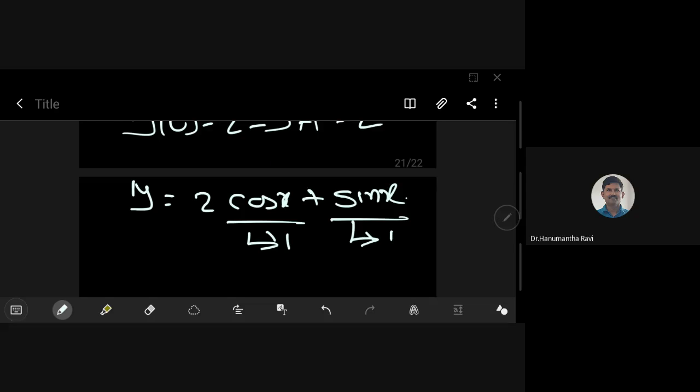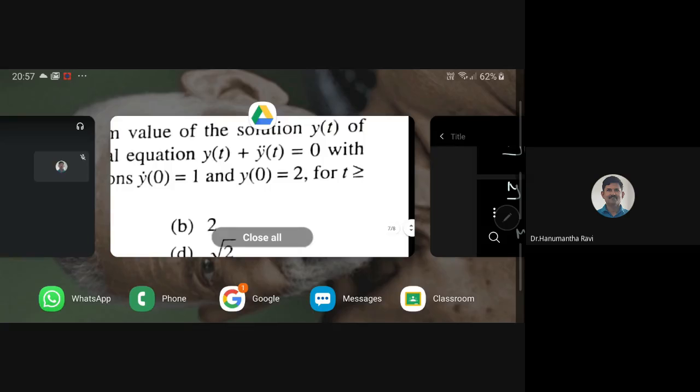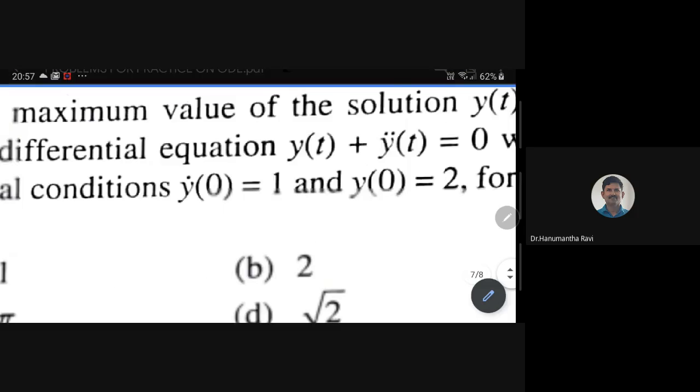At 0 you get 2, and at pi by 2 you get 1. So the maximum value of y will be 2. So B's answer is 2.